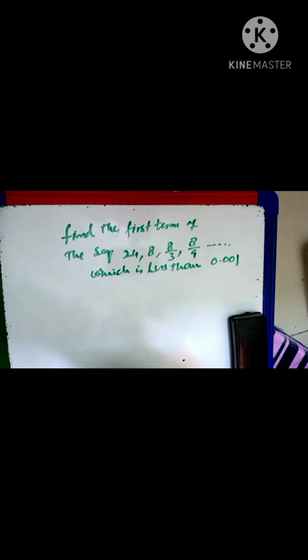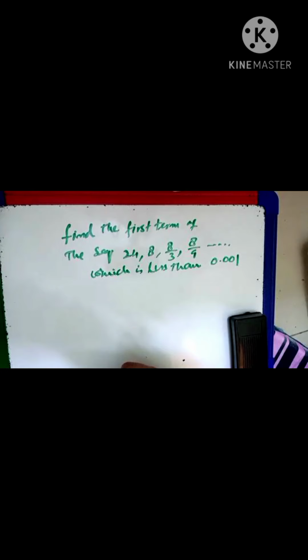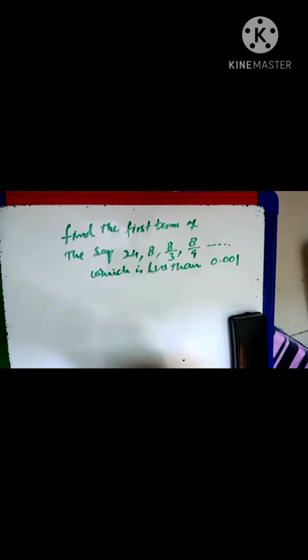Only the sequence is given. But whenever a sequence is given, first of all, what do you check? What kind of sequence is it? Yes, so what kind of sequence is this? Geometric. Okay, fine.